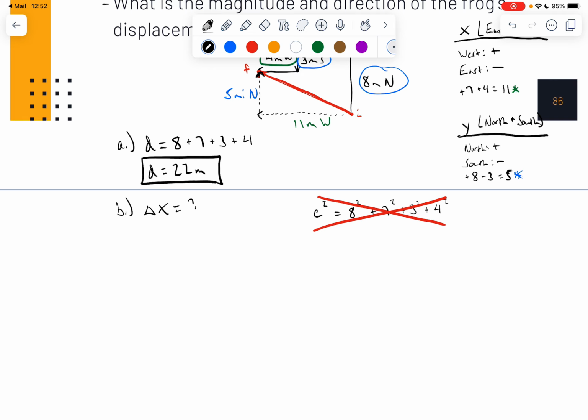So if we think about our starting point, and then we have our ending point somewhere up here. Again, just to recopy that triangle we just made, where the hypotenuse is drawn in red there.